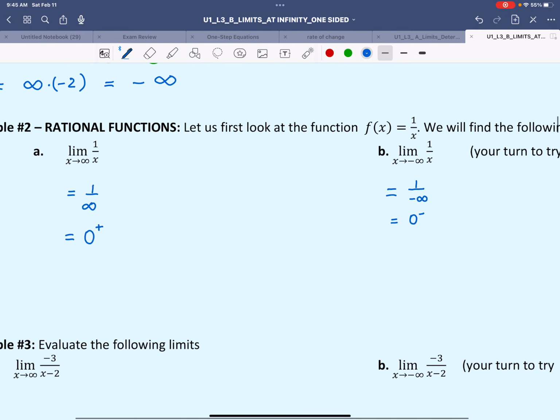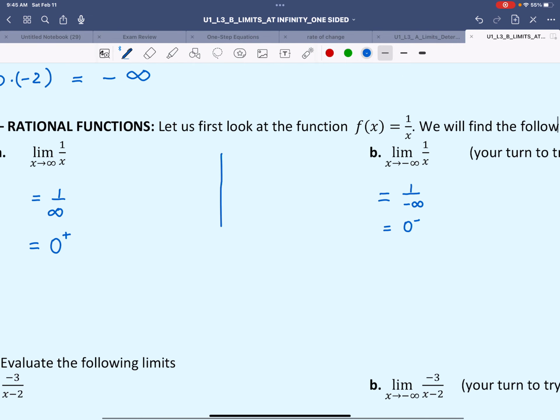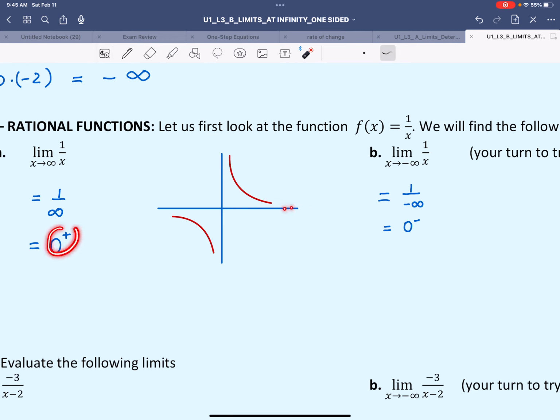Now, if you look at the graph, or if we think about the graph of the rational function y equals 1 over x, and here I'm going to draw this very quickly. I'll try my best to make it look beautiful. Here we go. So if x approaches positive infinity, you see that the values of y are getting very close to y equals 0, so very close to the x-axis, but they will always be above it, so that's 0 plus.